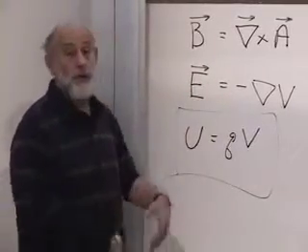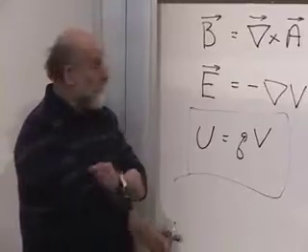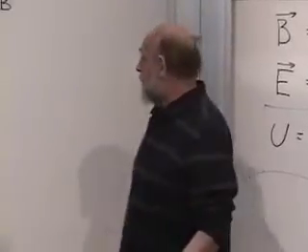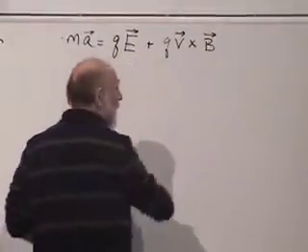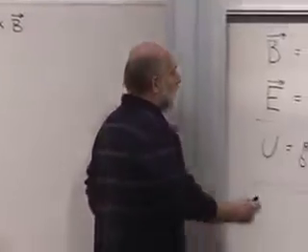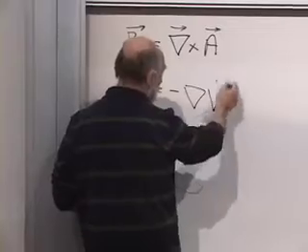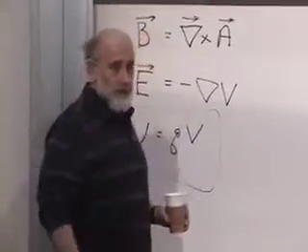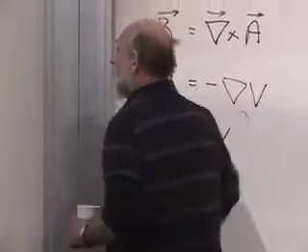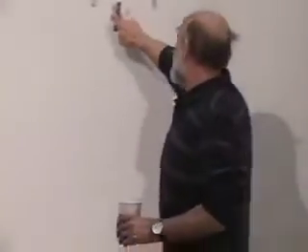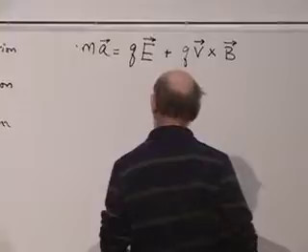Double the charge, you double the potential energy, and so forth. Okay, so we could rewrite these equations in terms of the potential V, sometimes just called the electric potential, and the vector potential A by just plugging in.